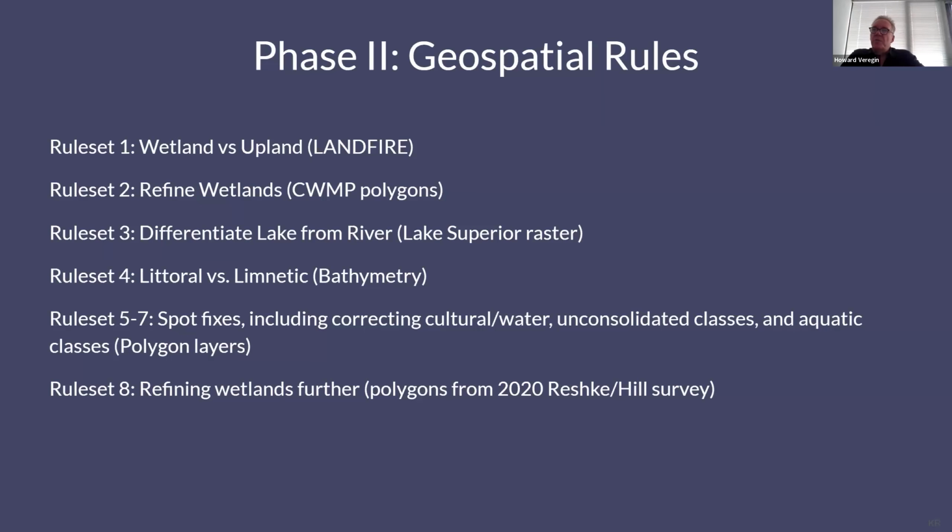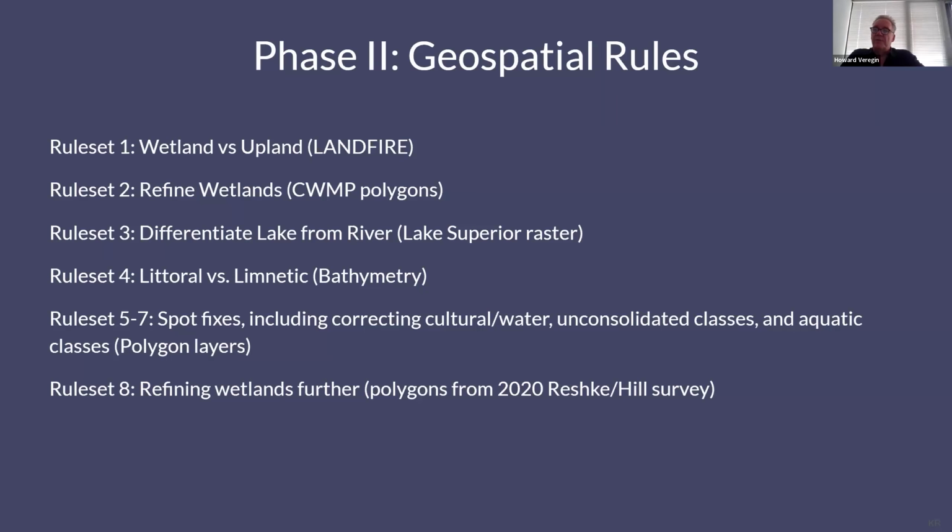And then getting towards the end of the process, there were some spot fixes that we applied based on input primarily from our ecological consultants to correct areas that I showed you some examples of earlier on, areas that were water but were identified as cultural, things like that.